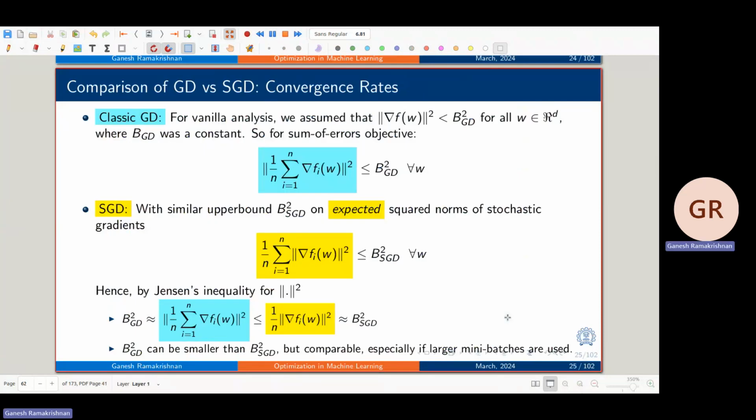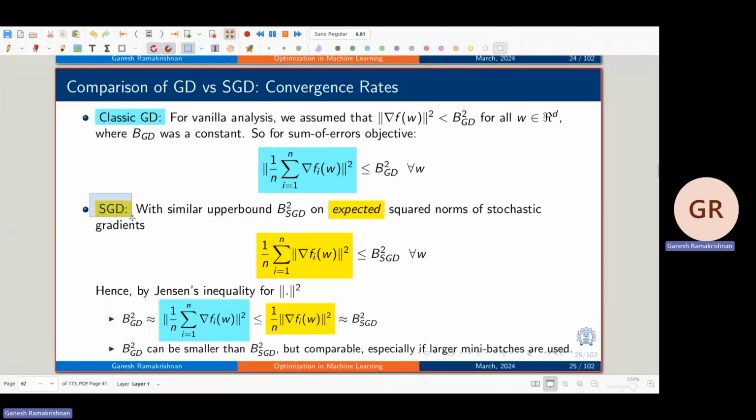Okay, so just before we move into any accelerated version, in the classical gradient descent, we assumed that we had Lipschitz continuity. So for the sum of errors objective, you look at this 1 upon n summation of the gradient, the entire square is less than or equal to b square.